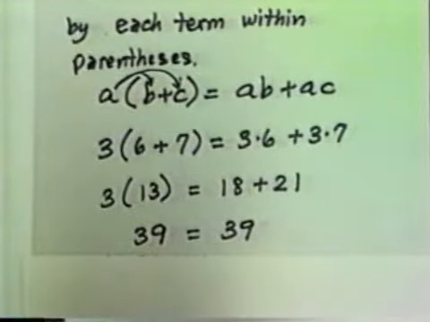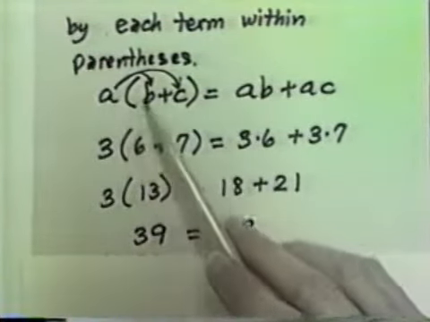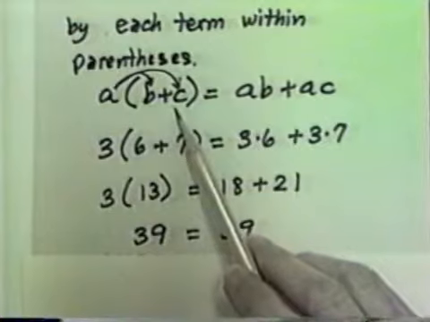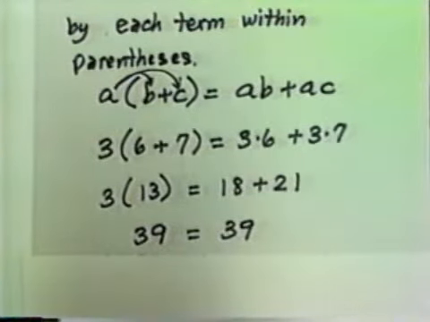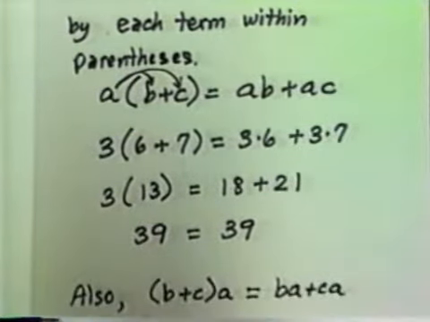The distributive property can be written in more than one way. We have it written as A times expression B plus C is equal to AB plus AC. We can write it as B plus C times A is equal to BA plus CA.